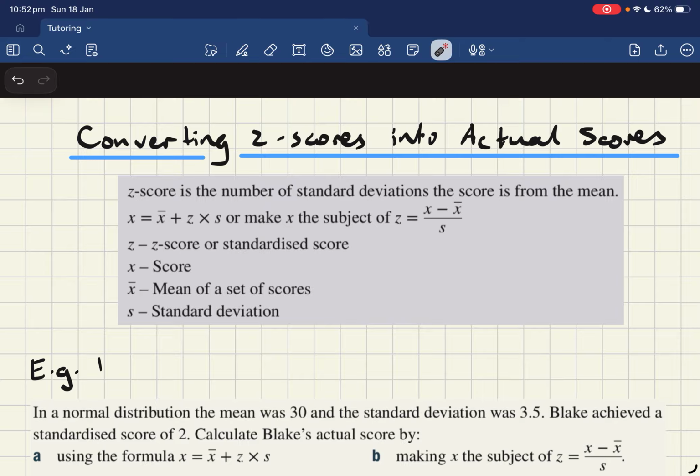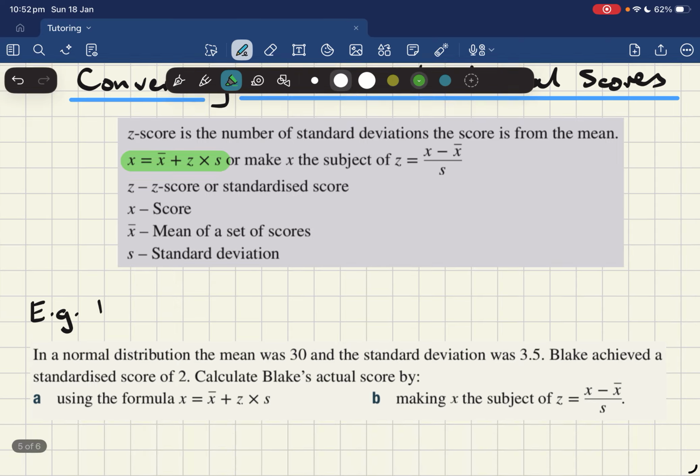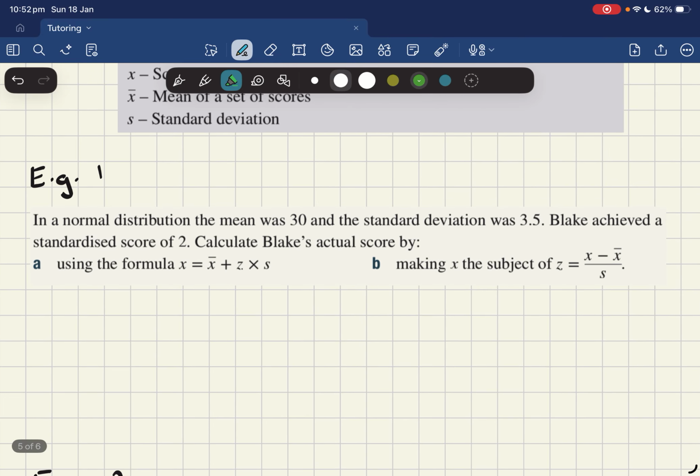So multiply z by s, and then we would add the mean to both sides to get rid of it from the left-hand side. So what we would get by making the score the subject of the formula is something like this. This is the expression for finding a score when given the mean, standard deviation, and z-score. But we will look at how this will work in this first example.